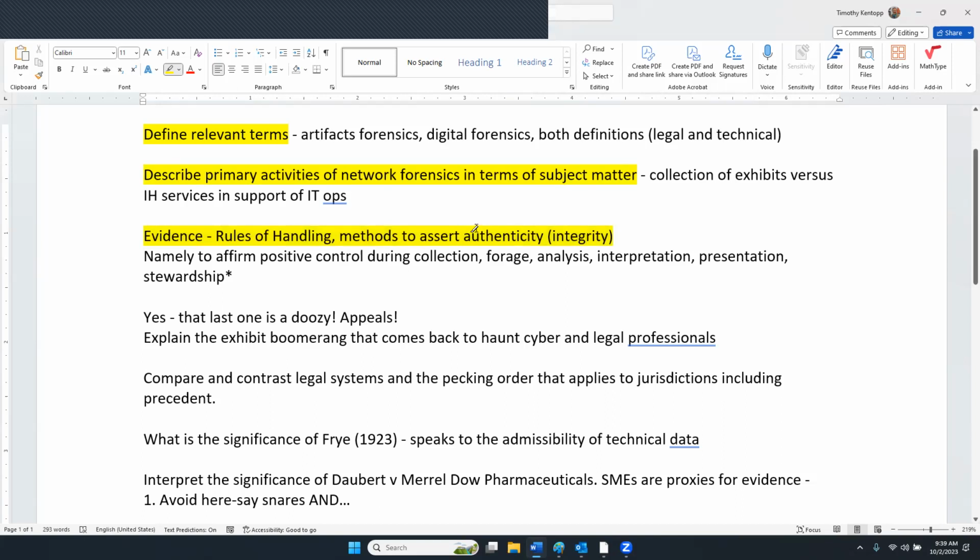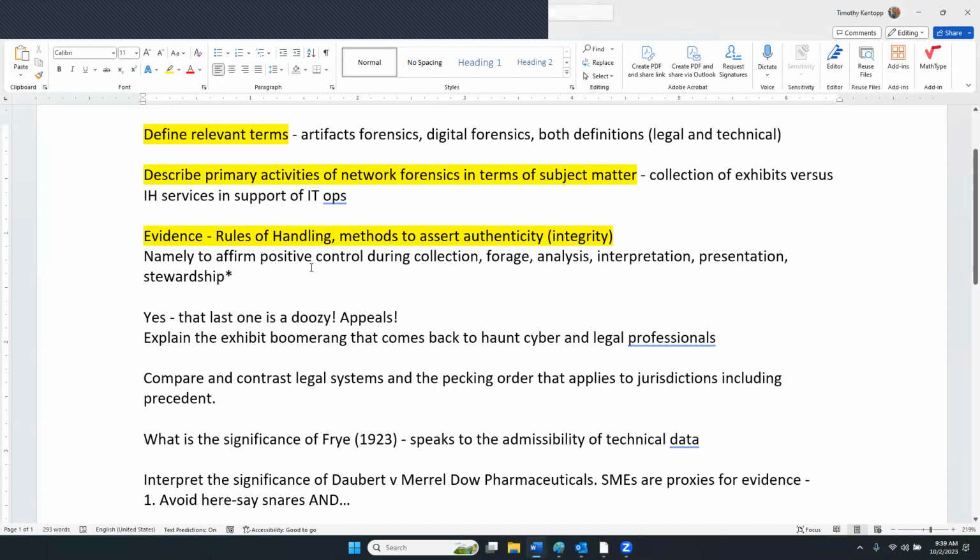So those concepts, those timeless concepts that we talk about in cybersecurity, things like integrity, right? One of the most important aspects of evidence concerns the rules of handling that gets into chain of custody, and that's something we'll do a deeper dive on. And then methods that you would use to assert authenticity, right?